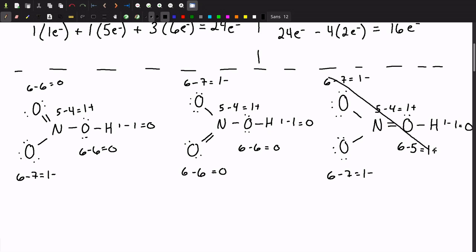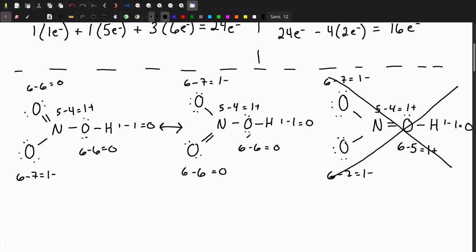For that reason, this guy is not a valid structure, and we're going to expect that these two are equally likely because they have the same number of formal charges and there's no structural difference between which oxygen we chose, so they are going to move back and forth.